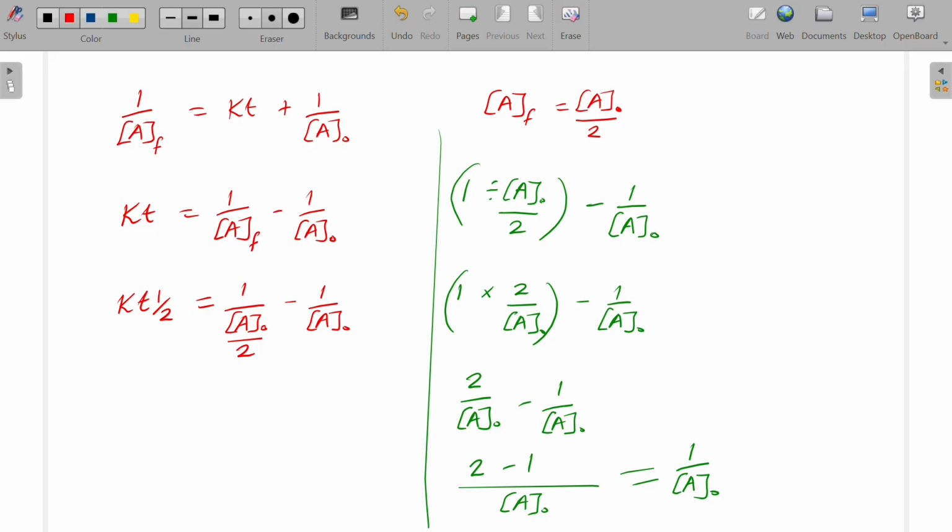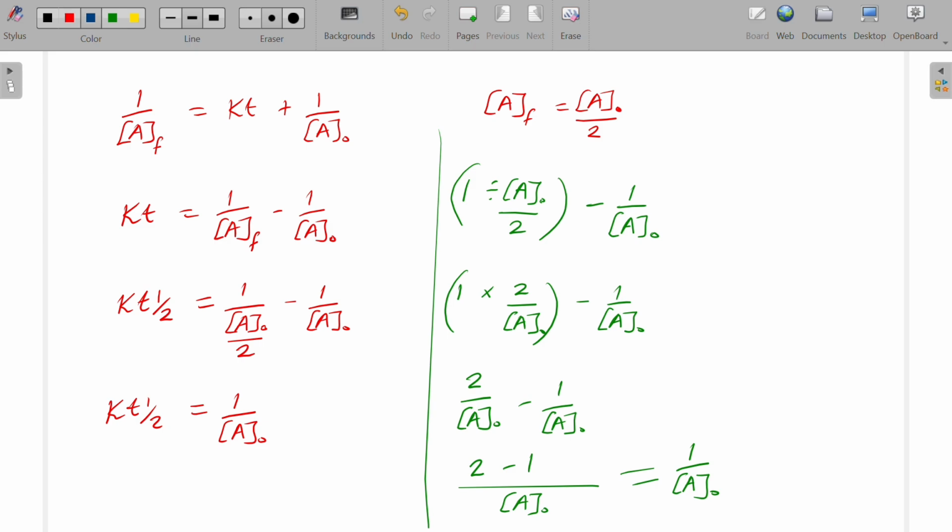So now, getting back to our writing here, what we have is Kt half is just equal to 1 over the concentration initially. That's what we have there.